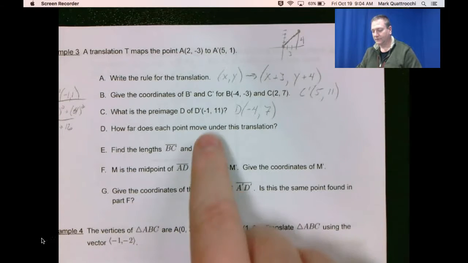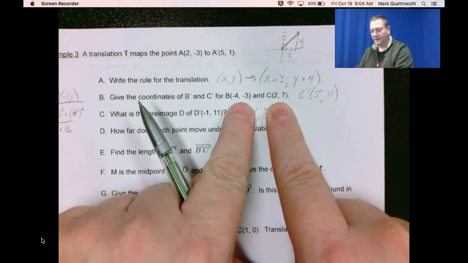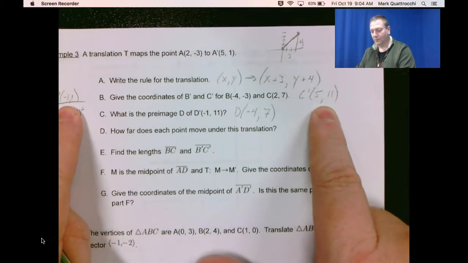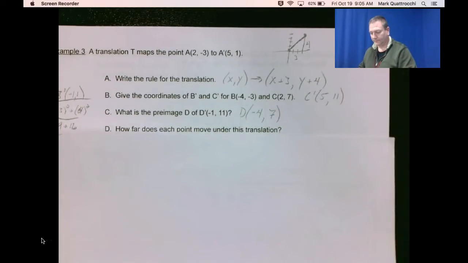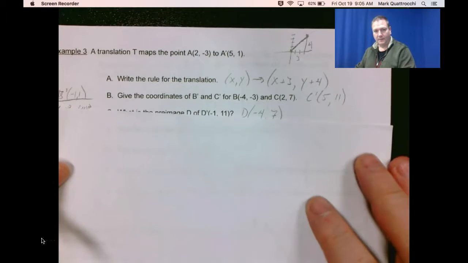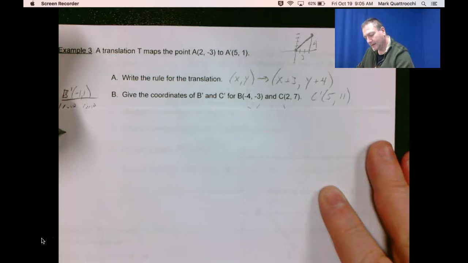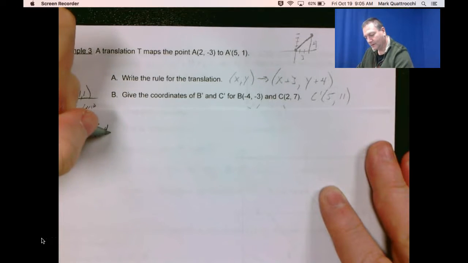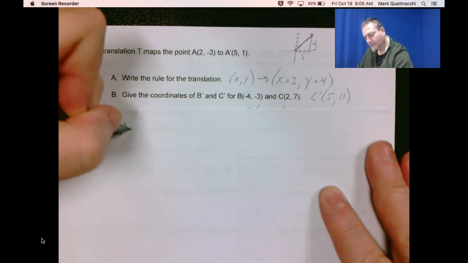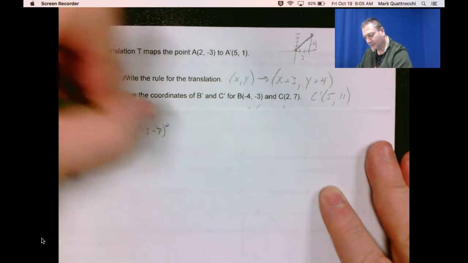So again, we're going to use distance formula. So BC, we use these coordinates. B prime, C prime, we're going to use these coordinates. And I've got some blank paper here. So BC, again, distance formula equals square root of negative 4 minus 2 squared plus negative 3 minus 7 squared.